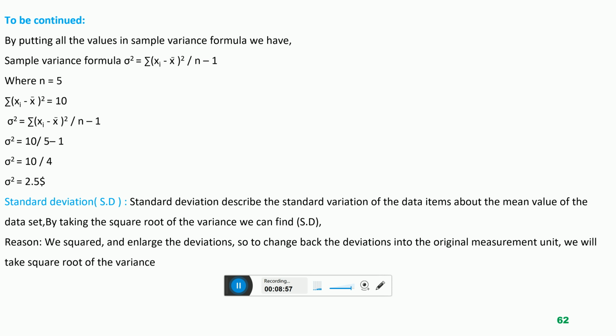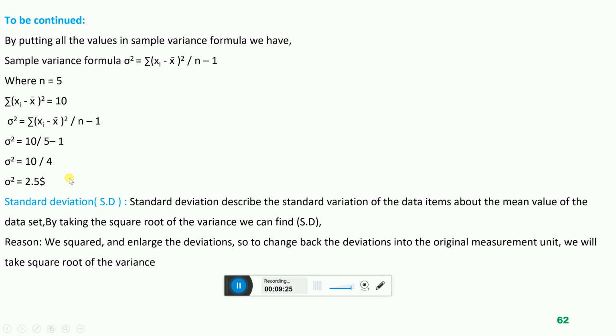This is the mean value of the deviations, the mean value of the variations about the mean. This means that on average every data item is varying about the mean by $2.5. I'm repeating, what does this mean? Sigma square is equal to $2.5.